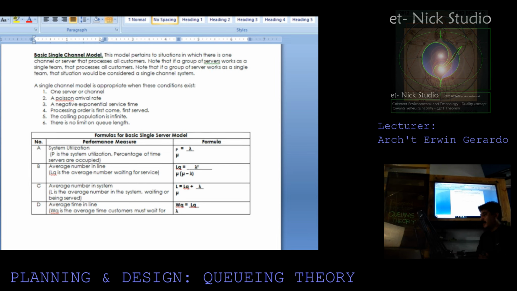Note that if a group of servers works as a single team that processes all customers, that situation would be considered a single channel system. A single channel model is appropriate when these conditions exist.